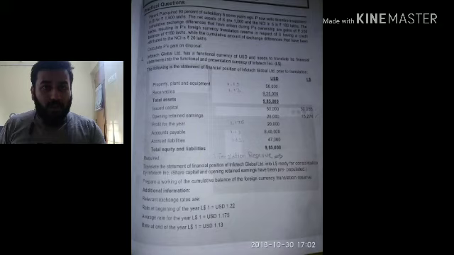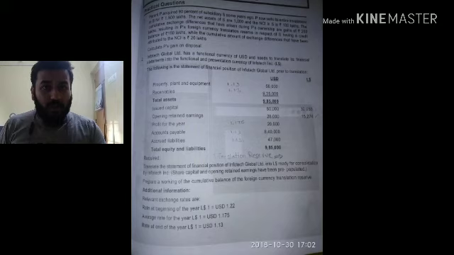Now we will see what rate we should apply. On property, plant and equipment, as this is a monetary item, we require it to be translated at the closing rate.